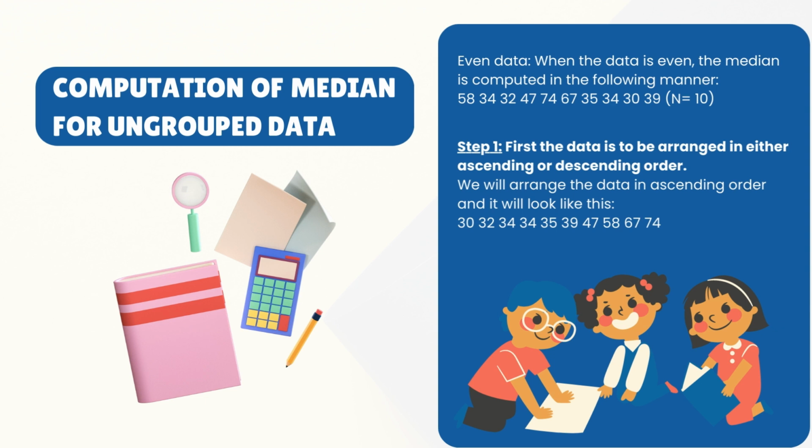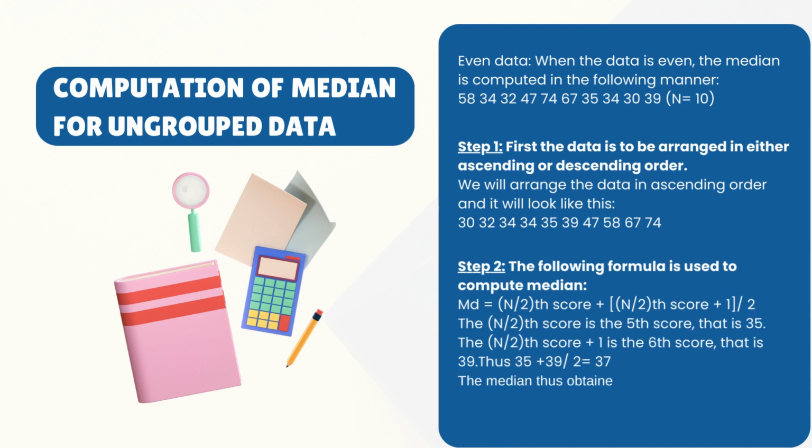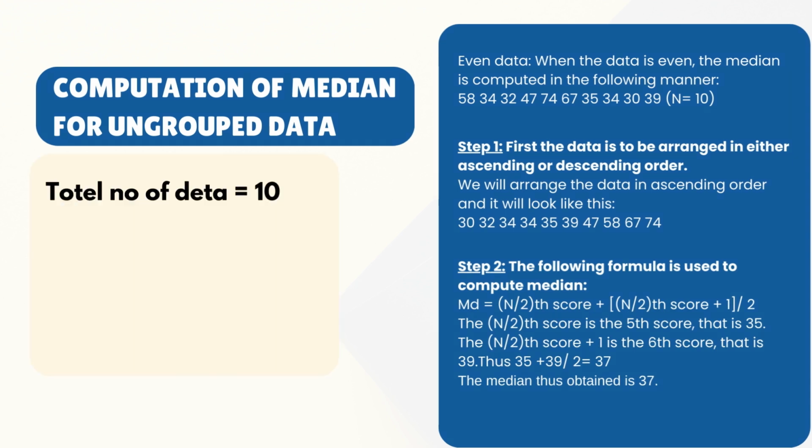Then we identify the position of the median score. For that we use the formula: the n by 2 th term plus the n by 2 plus 1 th term, divided by 2. Let me give you an example through which you can understand. In this example we have a total number of data of 10.